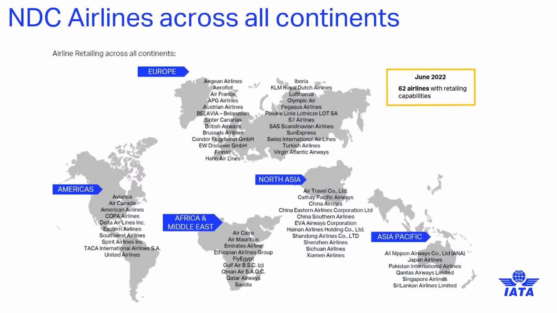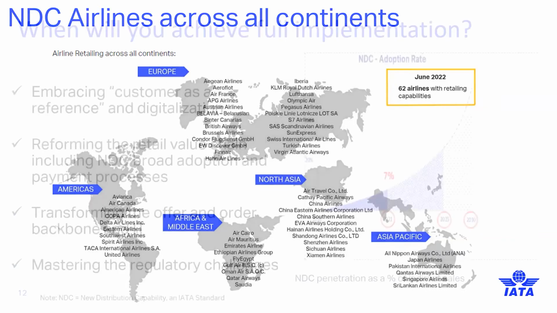This will definitely be facilitated by the growth of NDC transactions across the industry. What we are doing from our side at IATA is tracking the growth and capturing the value that the industry partners, airlines, and others are bringing to the industry through the Airline Retailing Maturity Index, which we call the ARM index.